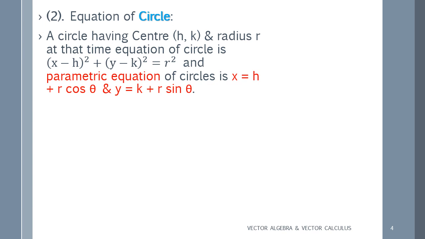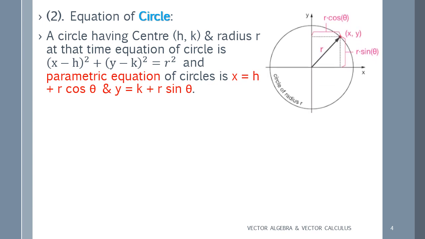Now next I am giving you the equation of the circle. The equation of the circle is x minus h whole square plus y minus k whole square equals r square, where h and k is the center of the given circle.